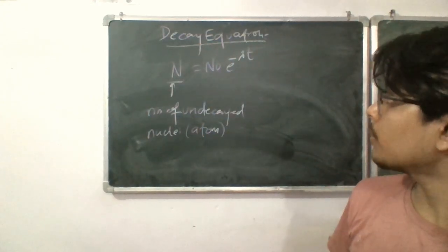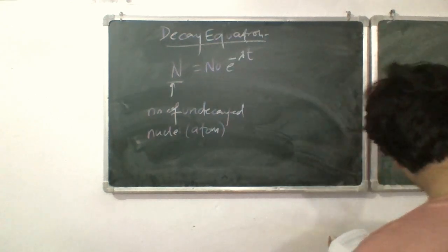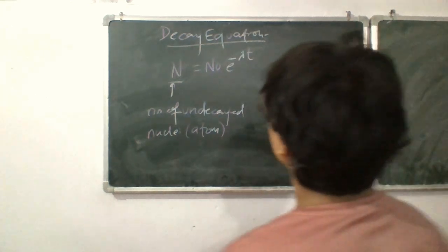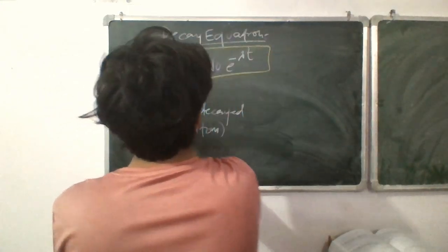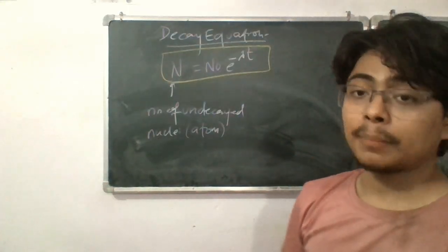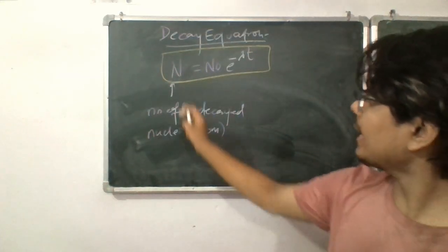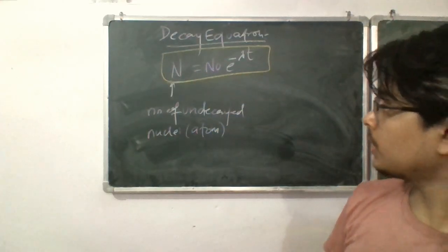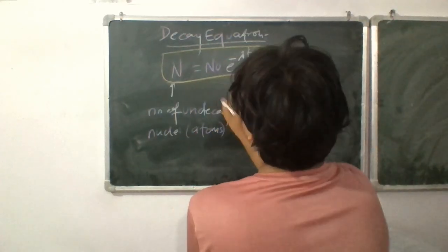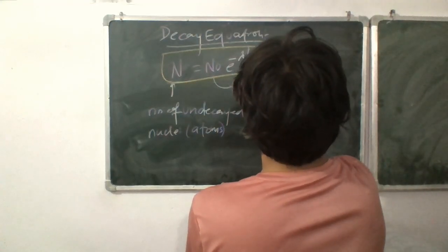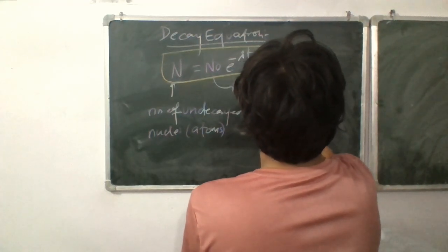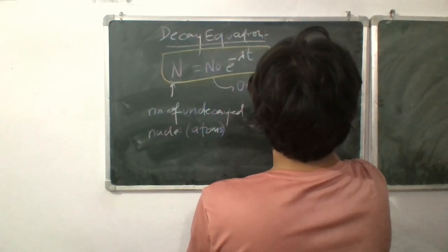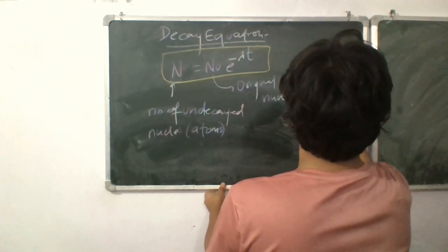And when we talk about the decay equation, I think we all know and remember this beautiful equation, which is N equals N naught e to the power minus lambda t, where N stands for the number of undecayed nuclei or atoms, and this N naught is the original number of nuclei or atoms.